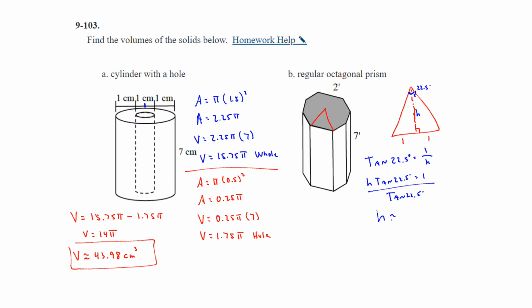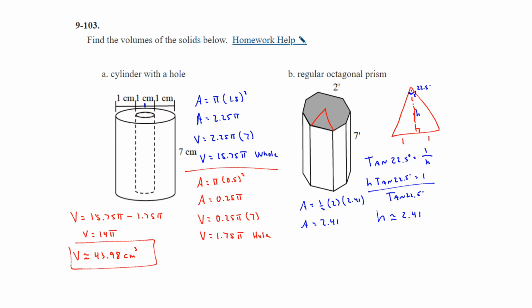And then the height will be approximately 2.41. And so then we can find the area of the triangle, which would be 1/2 base, which is 2, times the height, 2.41. So that'll be 2.41, because half of 2 is 1, so 1 times 2.41 gives us the area there.